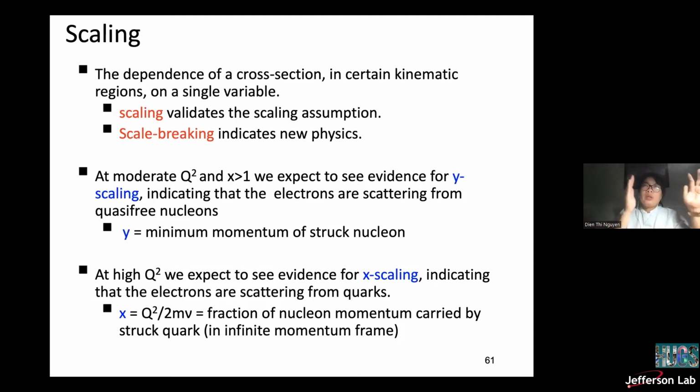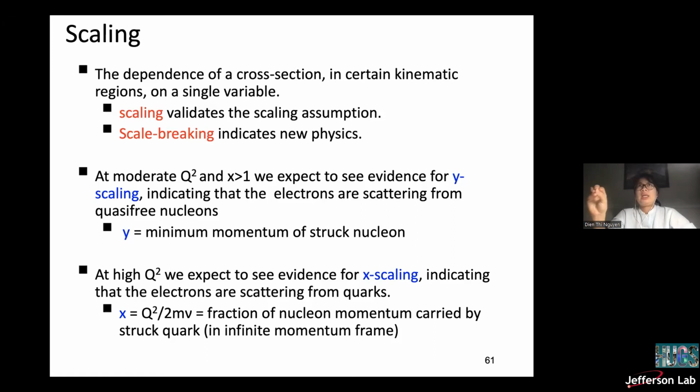For example, in the beginning it depends on 2 variables, 3 variables, something. But in a specific kinematic region, we can write the cross section in terms of 1 single variable, and that single variable we call the scaling variable. And the function describes how the cross section depends on that single variable.